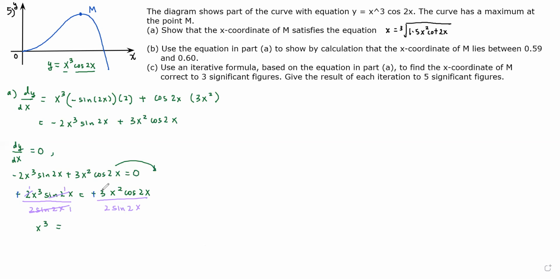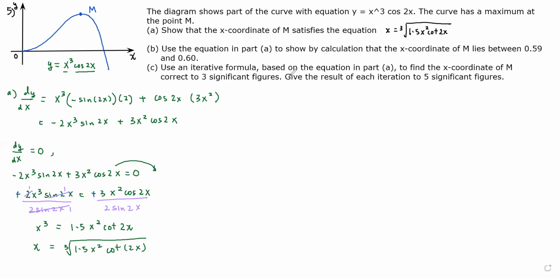And on the right, 3 divided by 2 is 1.5x squared. Cos 2x over sine 2x is cot 2x. Taking cube roots, we have x equals the cube root of 1.5x squared cot 2x. And that is what we are asked to show in part A.